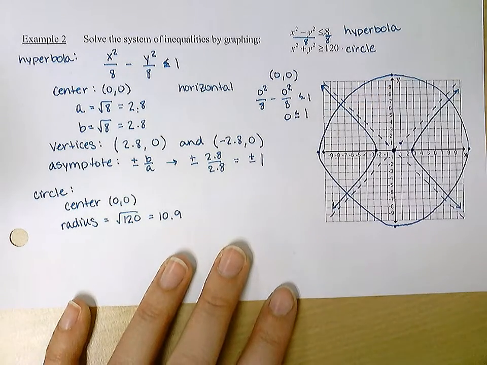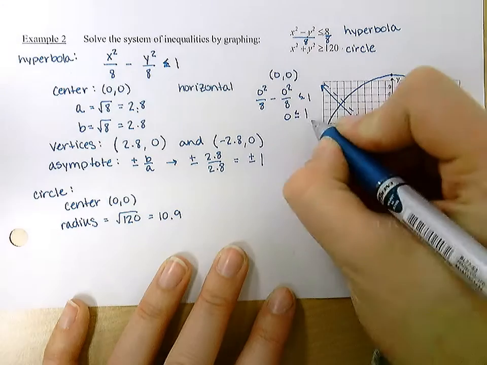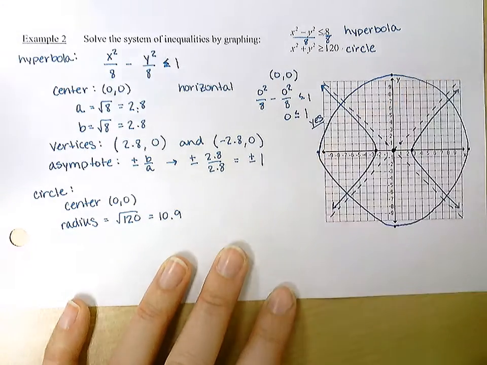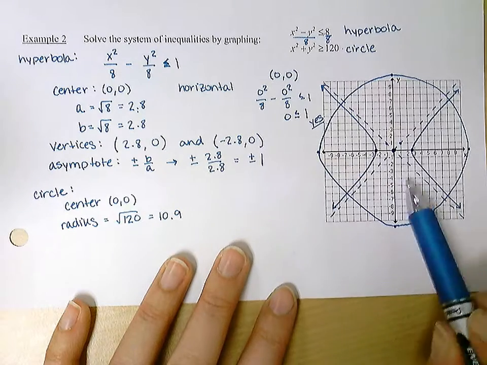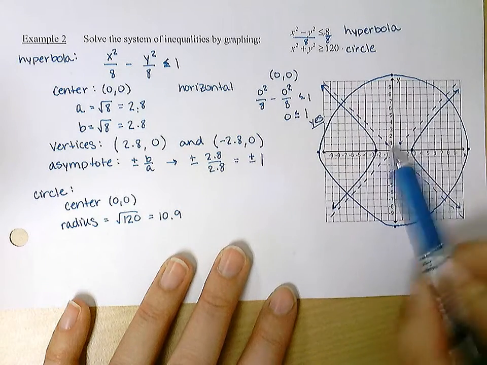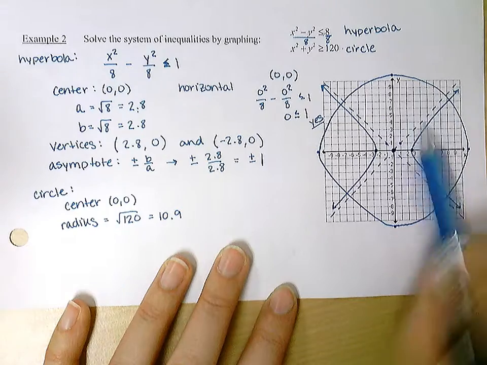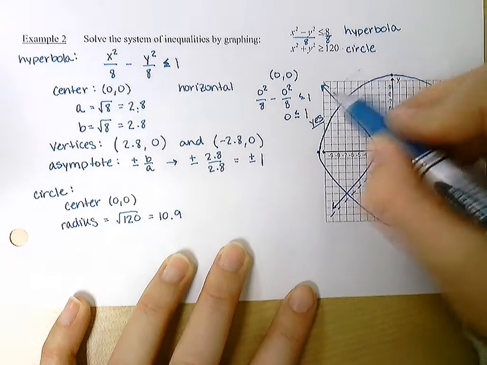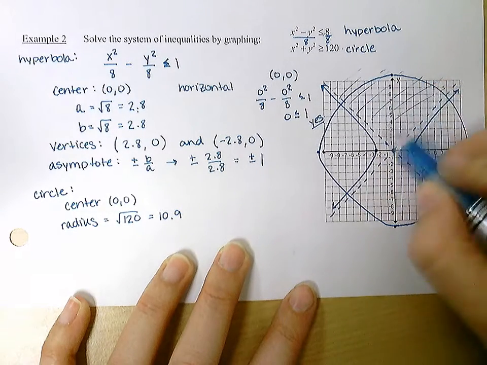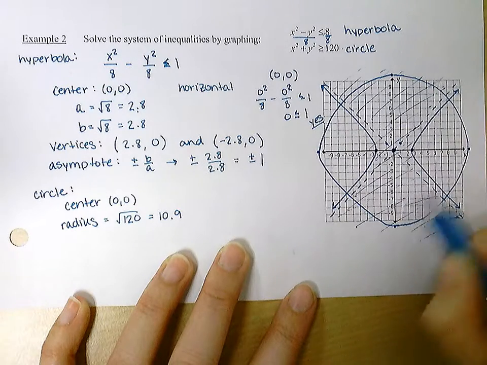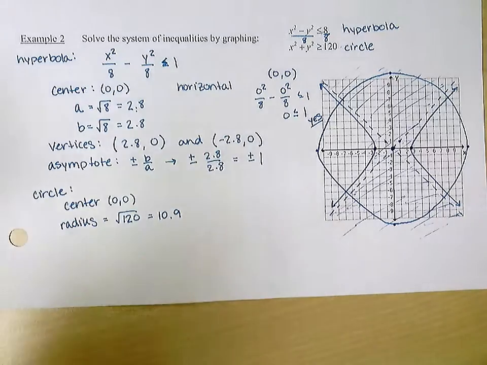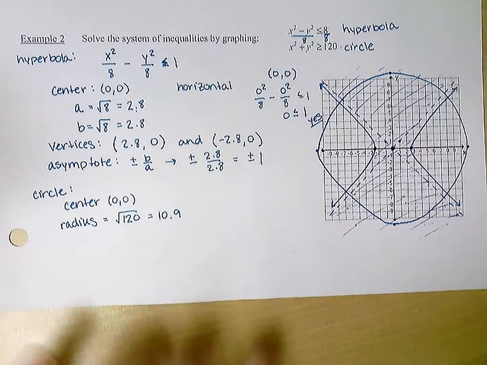Is that true? Yes. Okay, so that is true. That means for the hyperbola, we're going to shade everything in between those two lines. Okay, so very lightly, we'll shade everything in between those two lines that go out to the sides.